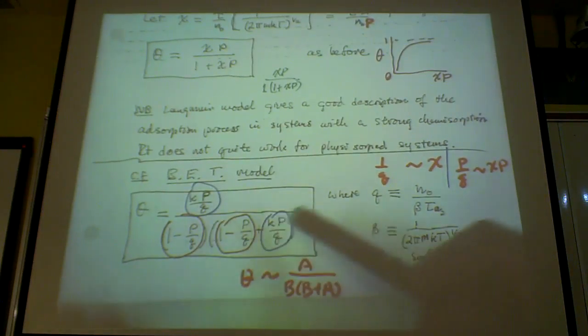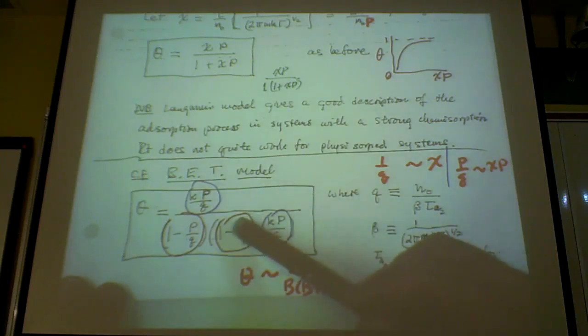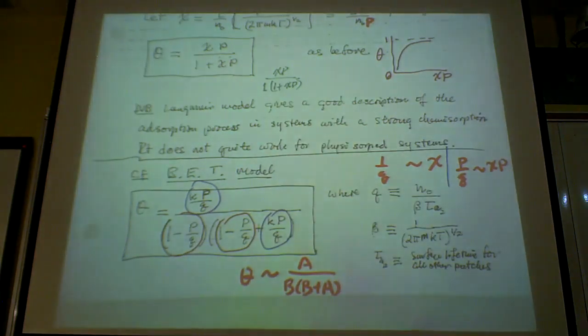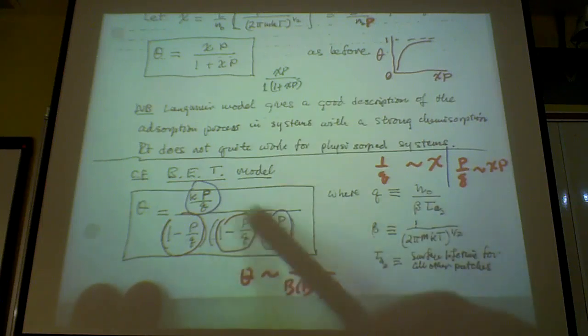But B here is still 1 as in the Langmuir model. You have a correction to 1. And the correction to 1 depends on my pressure. Okay, so how does this correction go?